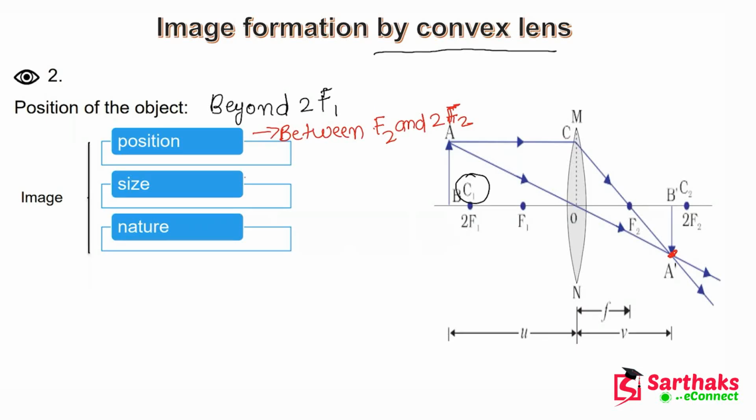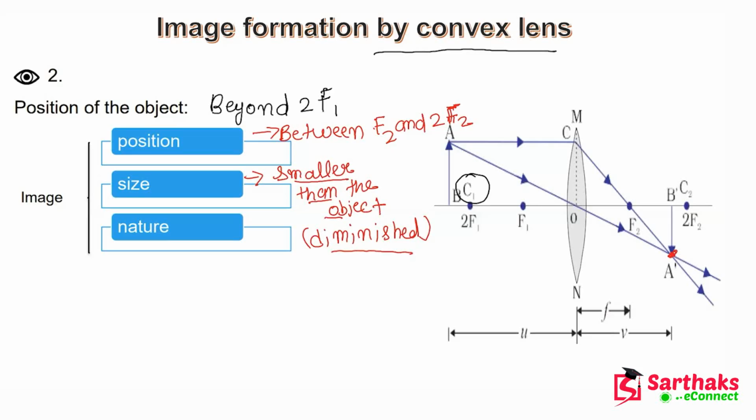So it simply means that in this case, the image is smaller than the object. But I have written this for your simplicity. If you are asked what is the size of the image in this case, then you will write that the size of the image is diminished. You will not write smaller, you will write diminished.